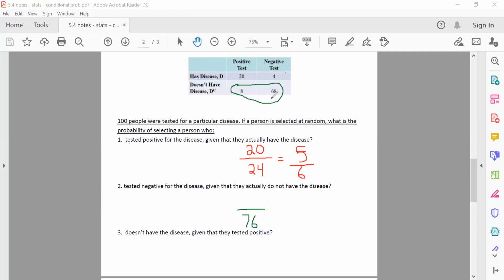And then we want the people who tested negative for the disease within that group. That's going to be 68. So there's a 68 out of 76 chance that someone tested negative for the disease, given that they truly do not have that disease.